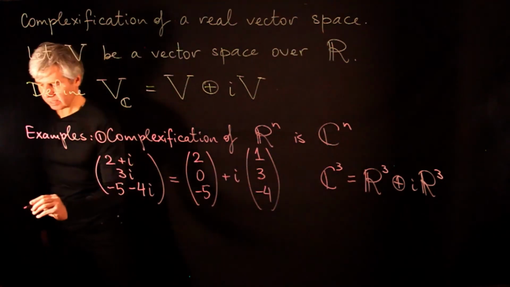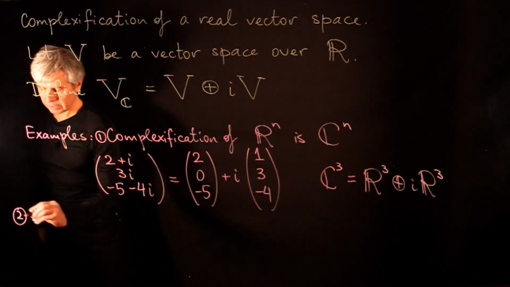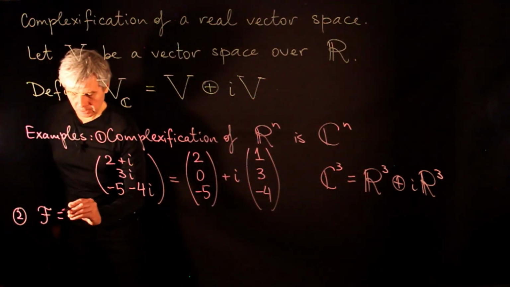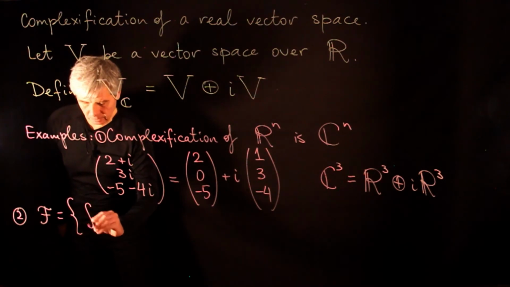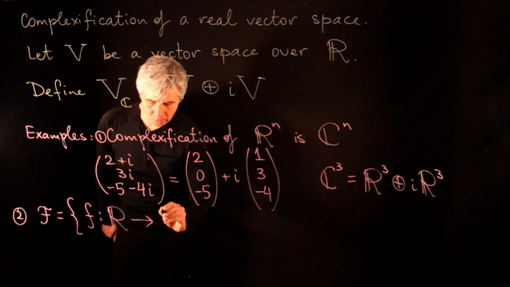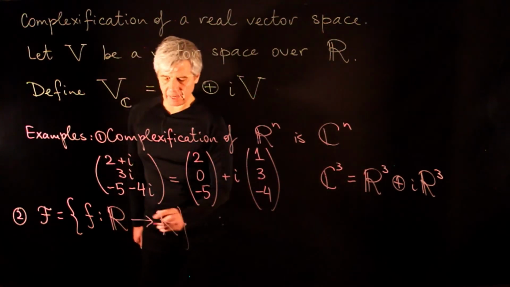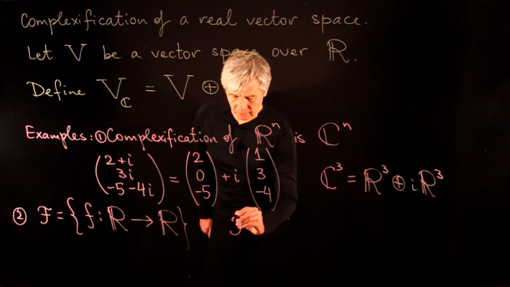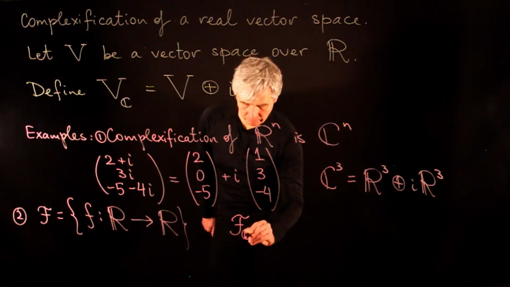As our second example, let us take F to be the space of functions from real numbers to real numbers. So these are real valued functions on a real line. Then what would be the complexification of this space?